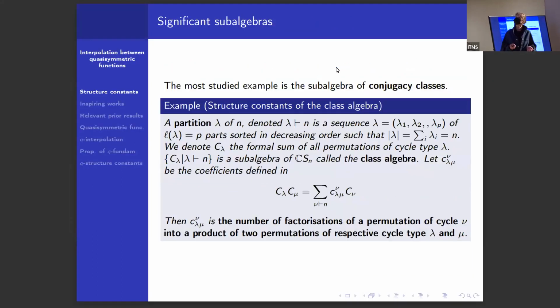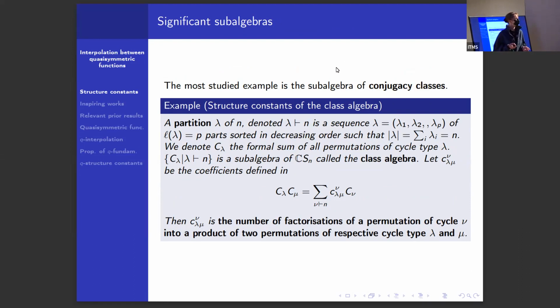The most celebrated example, of course, is the case of the class algebra. Given a partition lambda of n, let us denote C lambda the formal sum of all permutations of cycle type lambda.